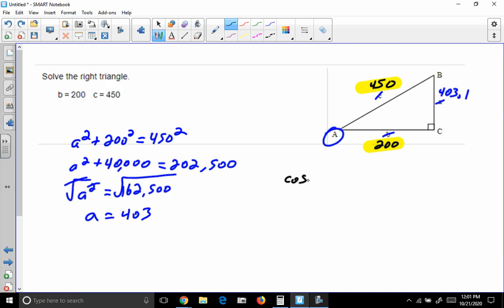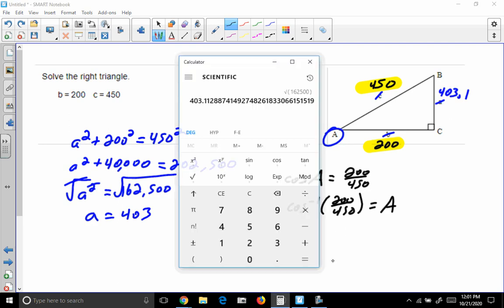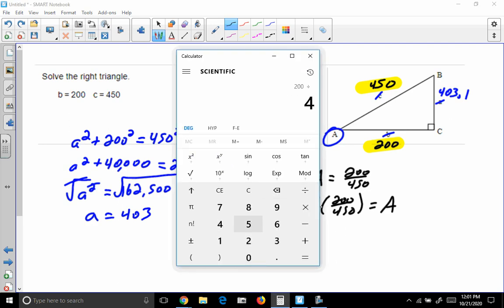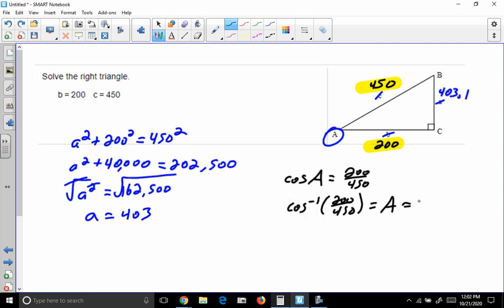So cosine of angle A is 200 over 450, adjacent over hypotenuse. If we use the inverse cosine button with that ratio, that will tell us what A is. So 200 divided by 450, take inverse cosine of that, and that's 63.6 degrees.